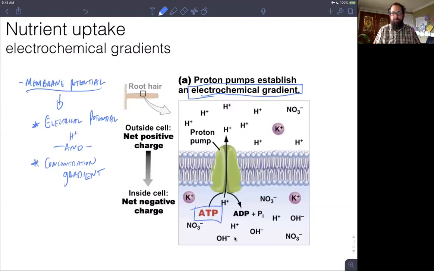And so this costs energy for the cell to be able to establish this electrochemical gradient between the outside of those root hairs and the inside of the root hair. And so this electrochemical gradient actually affects the way that different ions, cations or anions, are taken up by those root hairs.